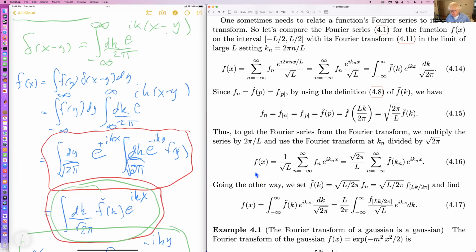And so to get the Fourier series from the Fourier transform, you have f of x and you go like that.